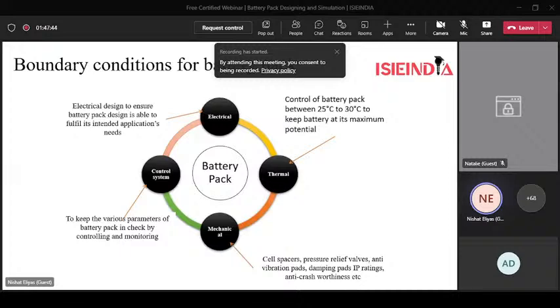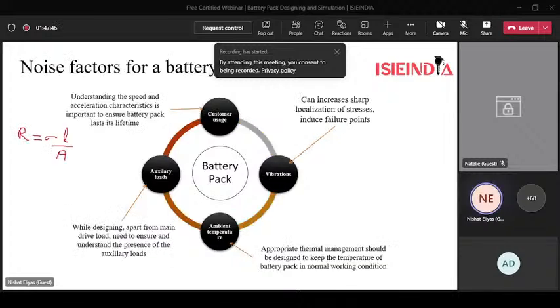While there is a load on the battery, it is in operation. Some of the noise factors for a battery pack, like understanding the speed and acceleration characteristics, are also important to ensure the battery pack has a longer lifetime. Let us suppose that we have installed our battery pack in a vehicle.